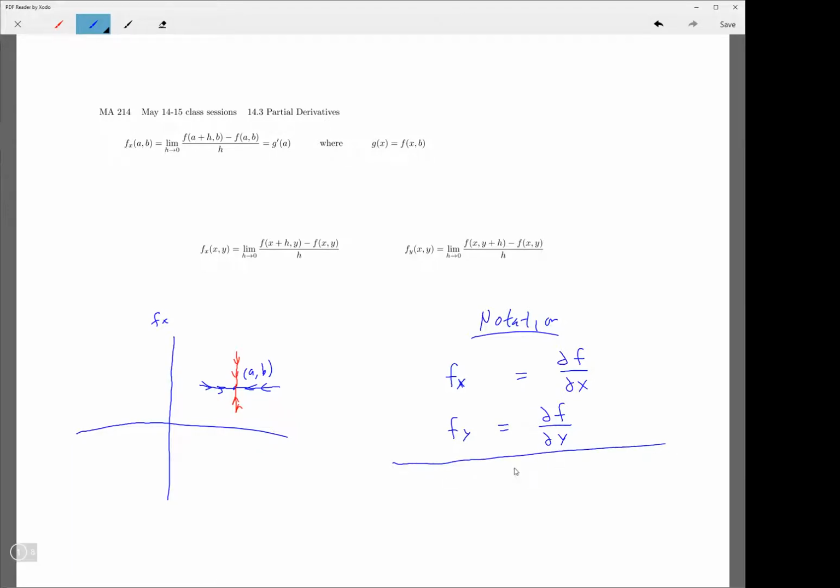Where it kind of gets tricky is if you see something like that, then you take the partial in x first, and then second you do the partial in y. So you do the first one first, and then the second one here.